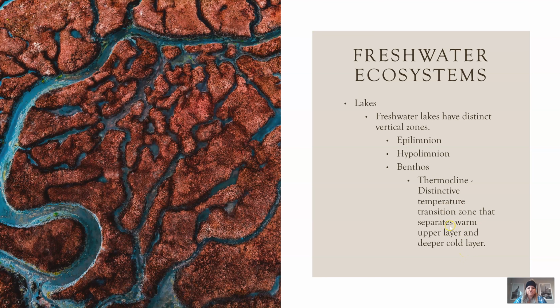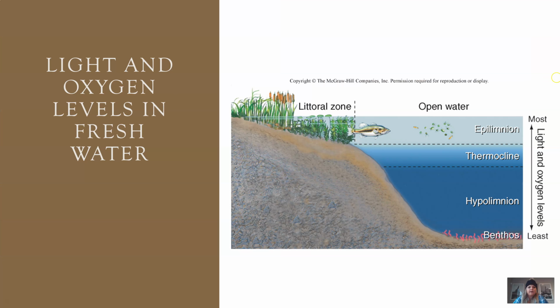That's a big transition zone for where specific plants and animals can live. Looking at light and oxygen levels in freshwater, the thermocline is right here, and it separates the epilimnion from the hypolimnion zones. Most of the plants and animals live in the epilimnion zone, where light and oxygen levels are at their highest.